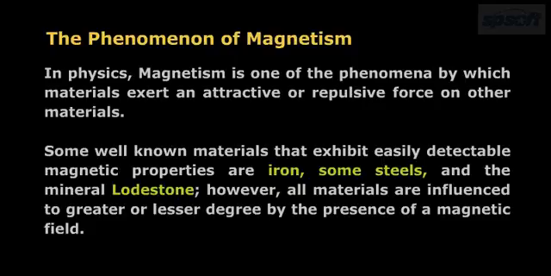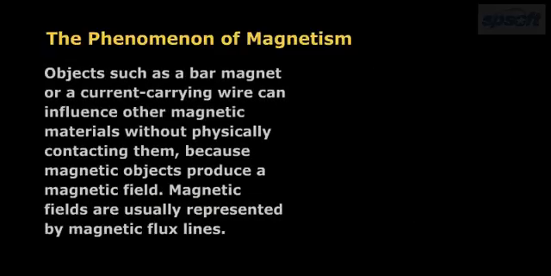However, all materials are influenced to greater or lesser degrees by the presence of a magnetic field. Objects such as a bar magnet or a current-carrying wire can influence other magnetic materials without physically contacting them, because magnetic objects produce a magnetic field.